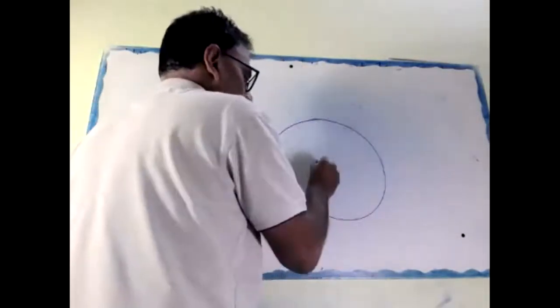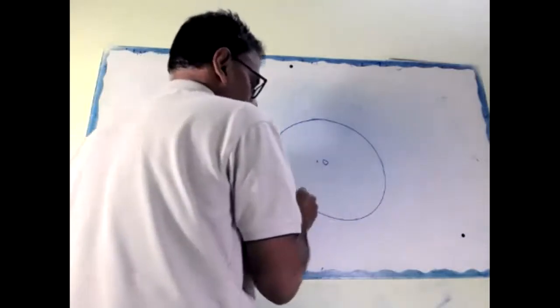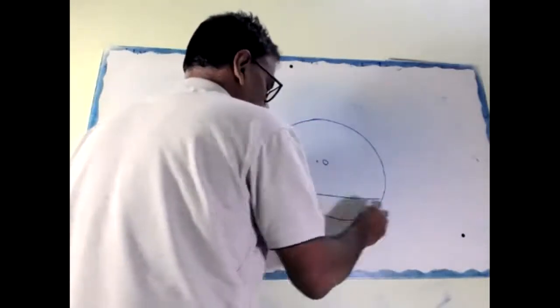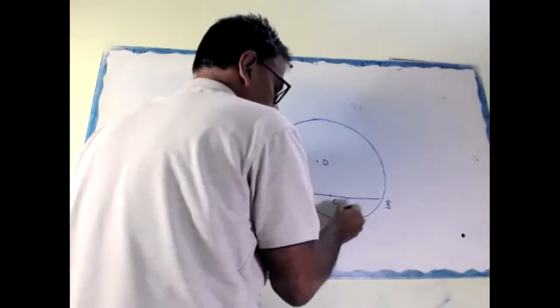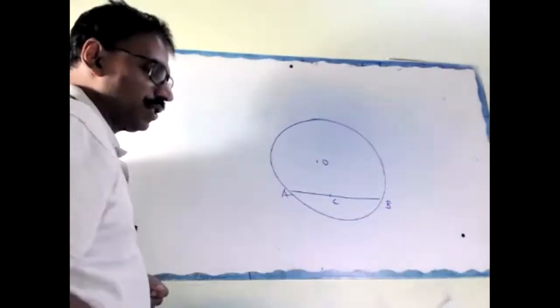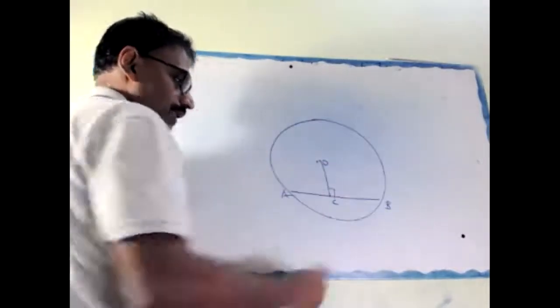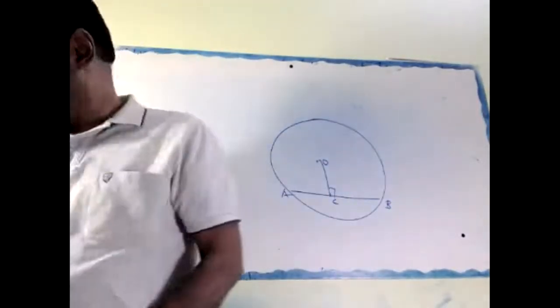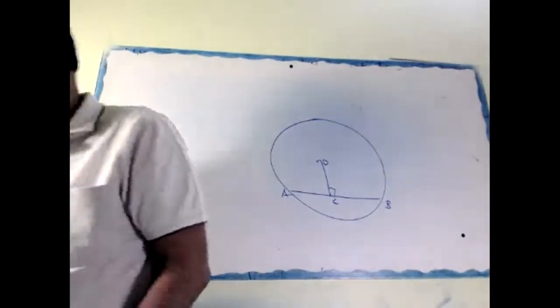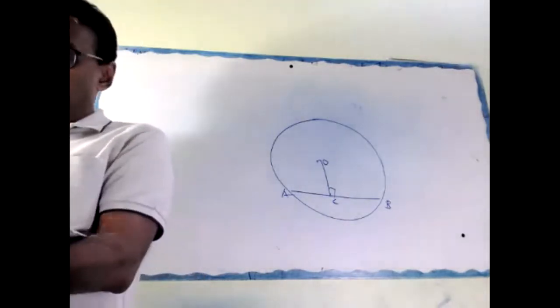O is the center, AB is a chord. Then the line segment joining the center and midpoint of the chord is perpendicular. This angle is 90 degrees. This is the second theorem. Now, third theorem.